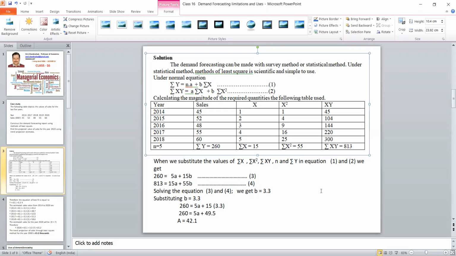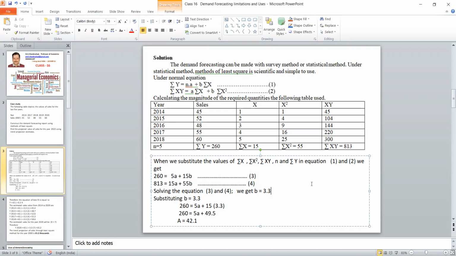What I did is I multiplied the third equation by 3. If you multiply that equation by 3, what will be the value? Shall I type it here? It will be 780 equal to 15a plus 45b.